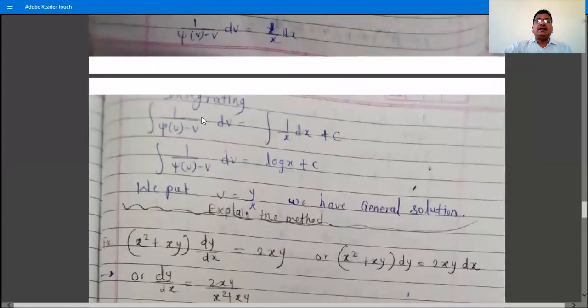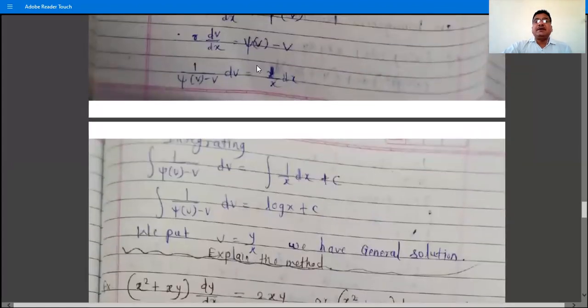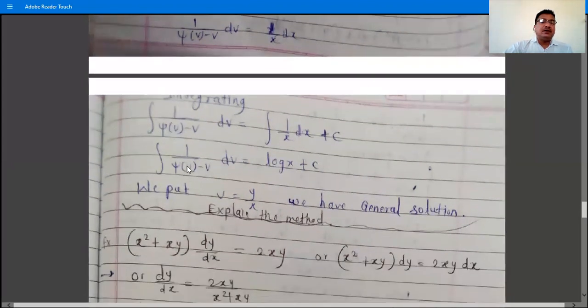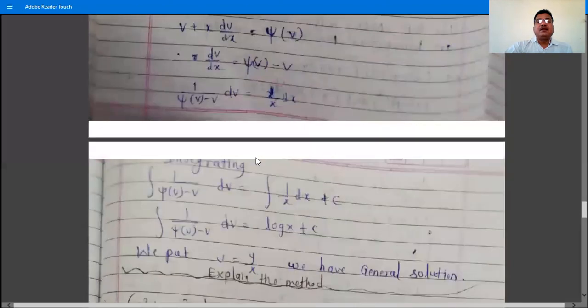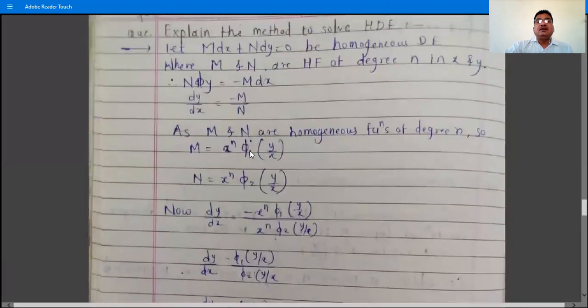So what we have, the next step, integrating. After separating variables, integrate. So integration of 1 by (psi v minus v) dv is equal to integration of 1 by x dx plus a constant, that is, log x plus a constant of integration, suppose c. After integration, in an example we have to find this integration, but now keep it as it is. Then resubstitute v as y by x, because y by x is v, as in our substitution.